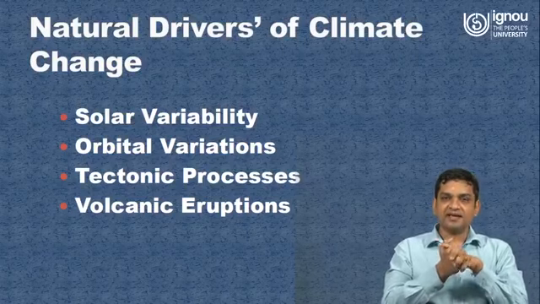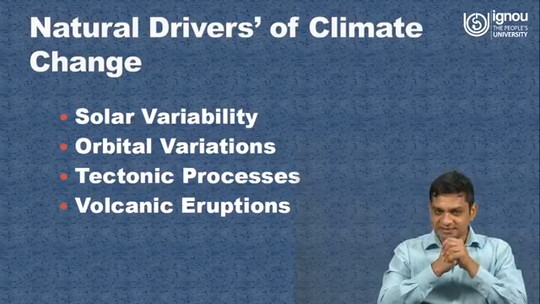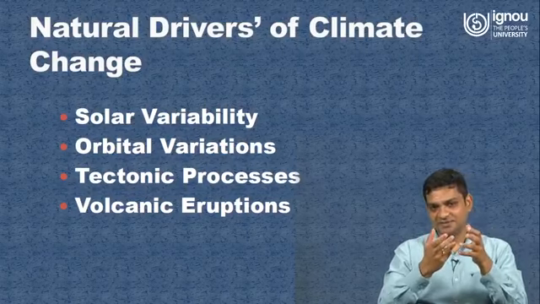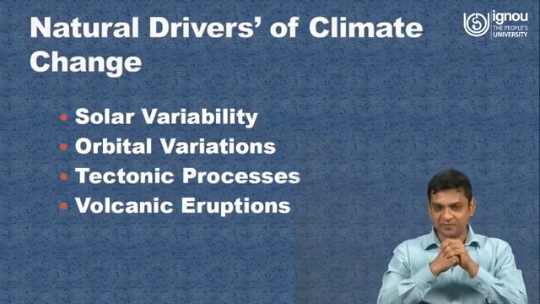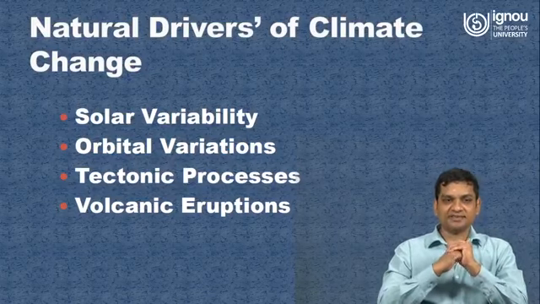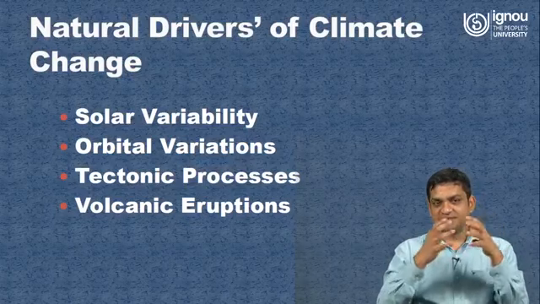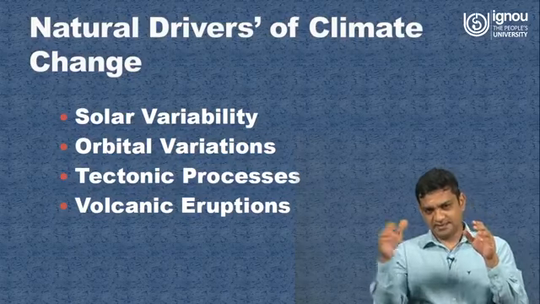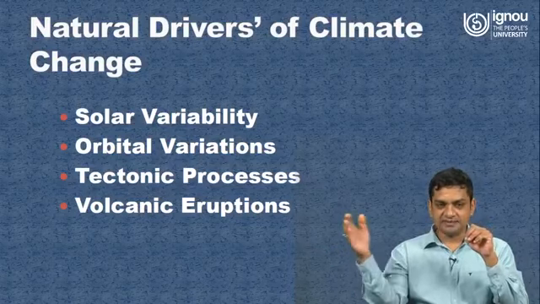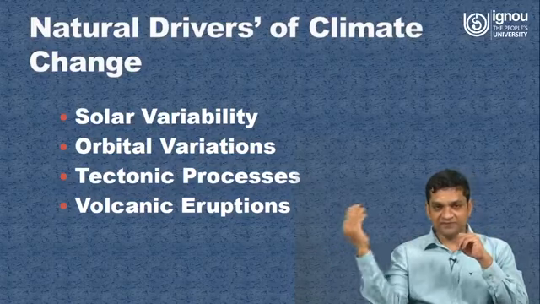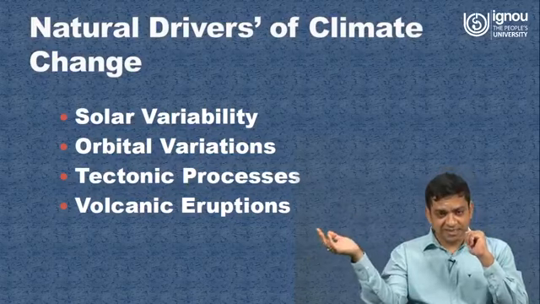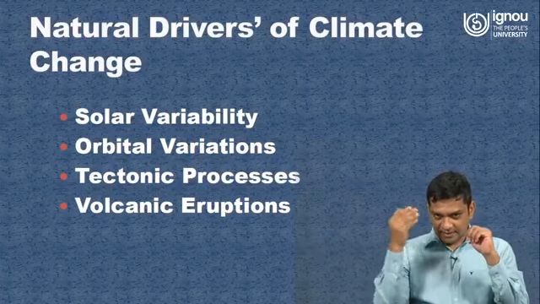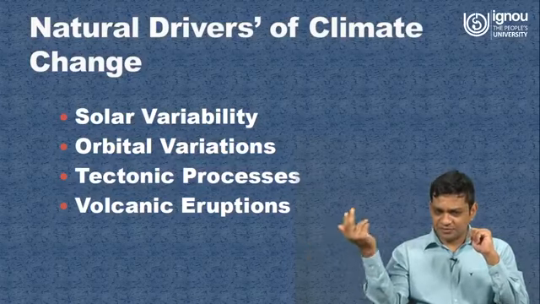Now let us see what the causes are, what is driving the climate. The most important thing is that as far as the drivers are concerned, there are many natural drivers. Human beings came much later. Their actions, their activities, their use of fossil fuels, have come much later. Now the present population is around 7.2 billion.